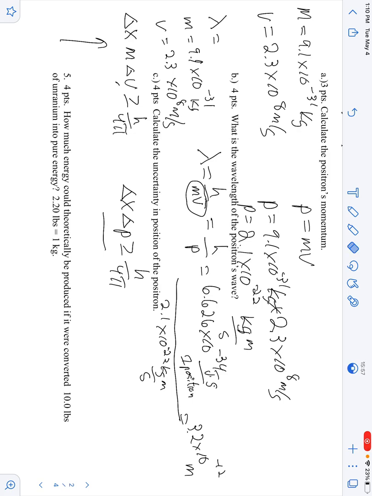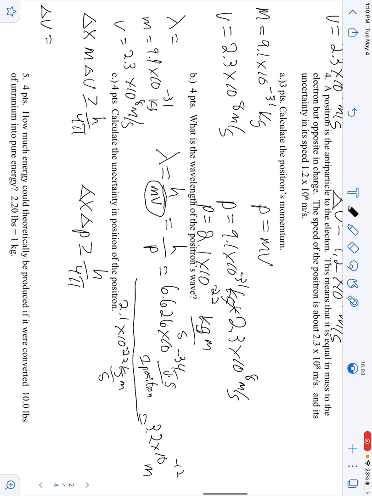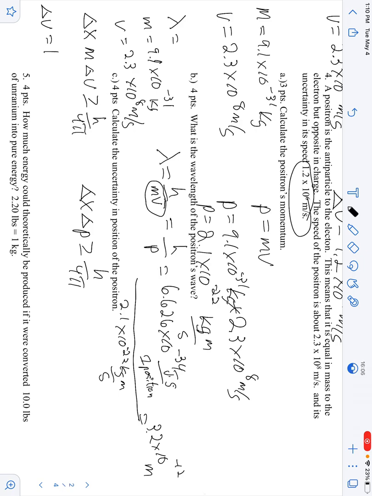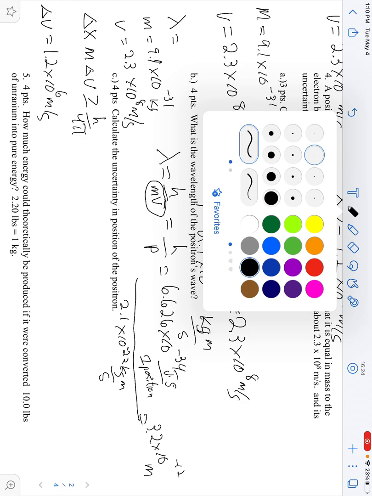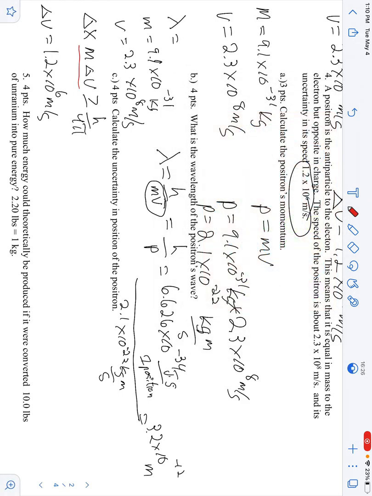So in this particular problem, I'm given a delta V. And the delta V is 1.2 times 10 to the 6th meters per second. Therefore, I'm not going to use this equation. I'm just going to get rid of that one. Now I have to solve for delta x.